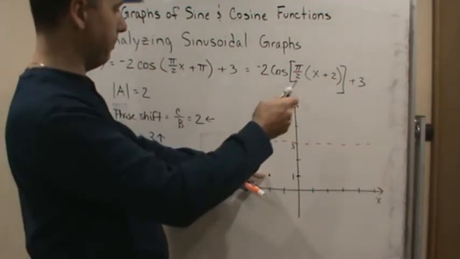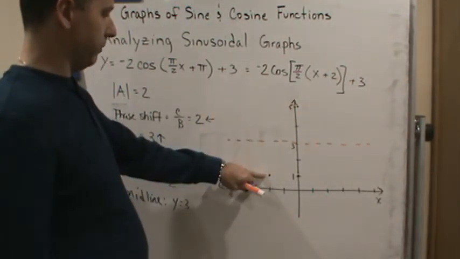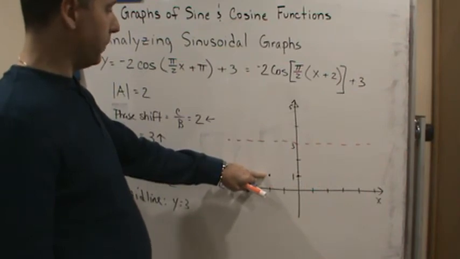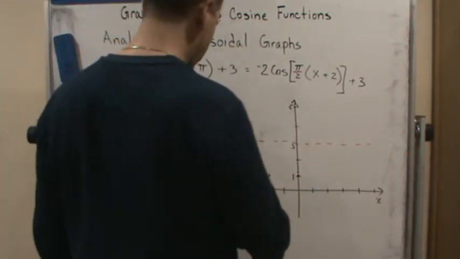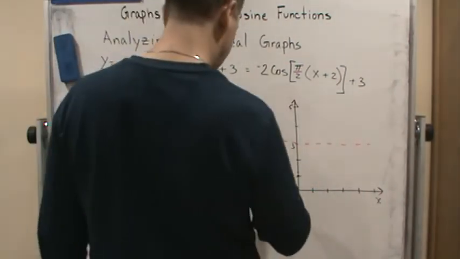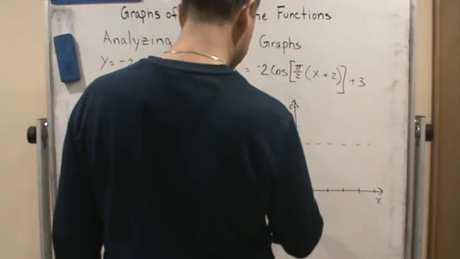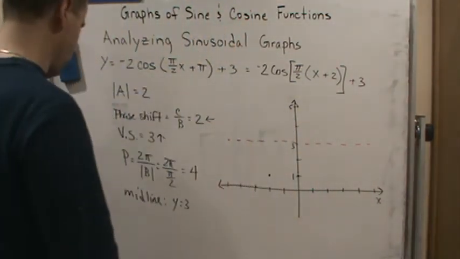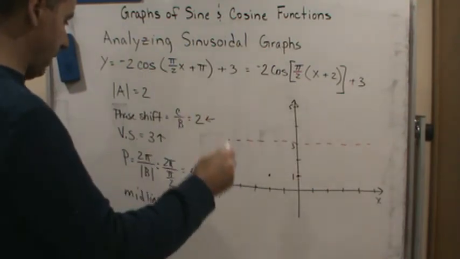And it's going to go up because it's inverted. And the period is 4, so it's going to repeat every 4.